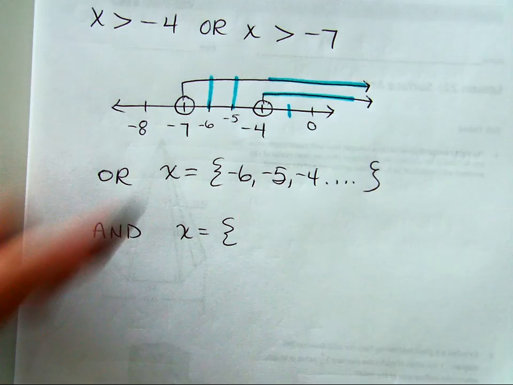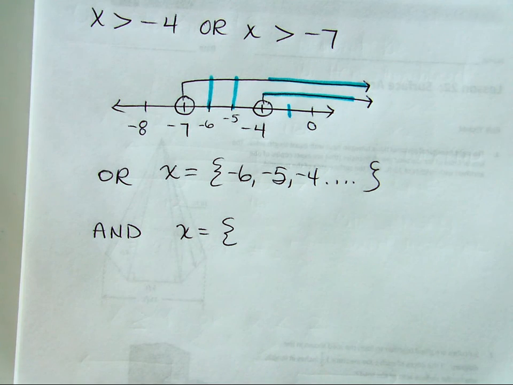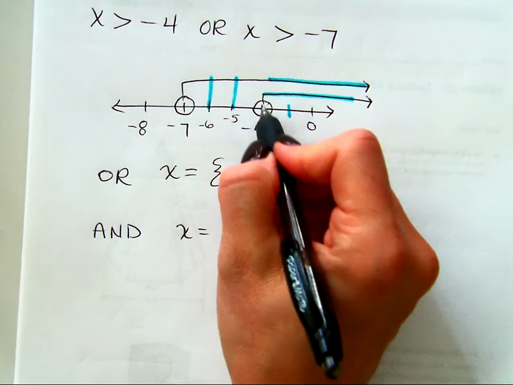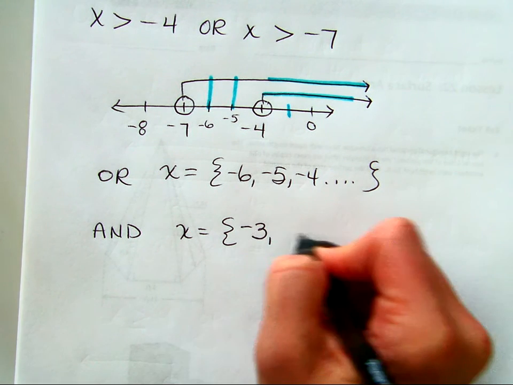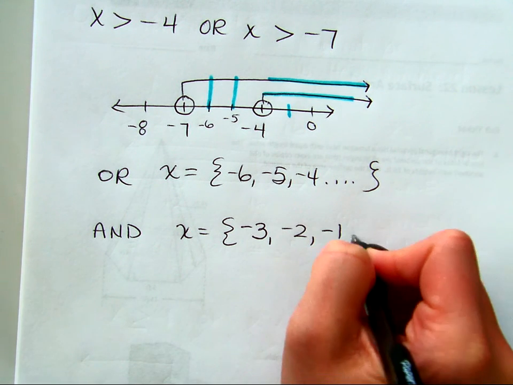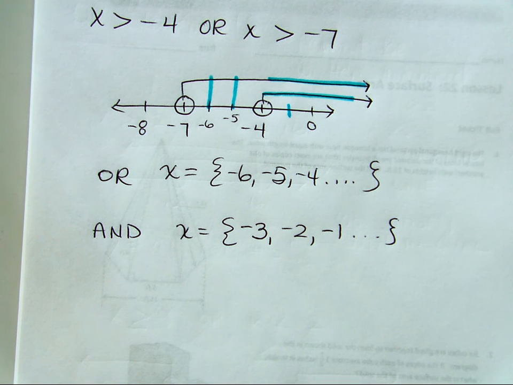Almost, because she's got it. Yep, that's good. She walked through it. If -4 was covered in, it would be yes. So good. -3, -2, -1, ... So, or equals where is there at least one line covered, and means where is the overlap. Do you understand and or?